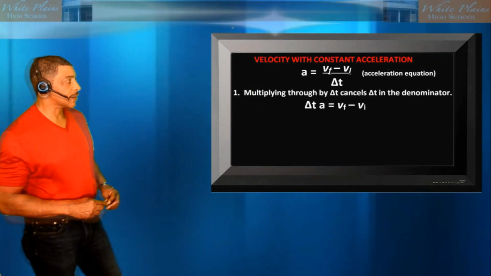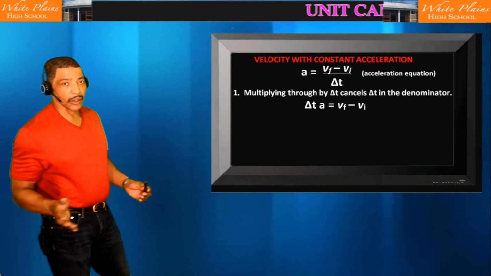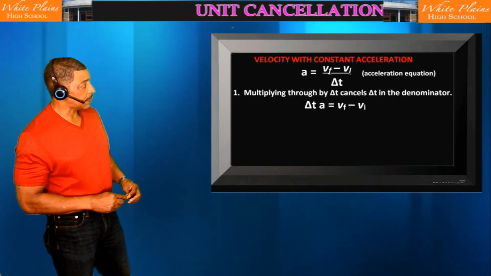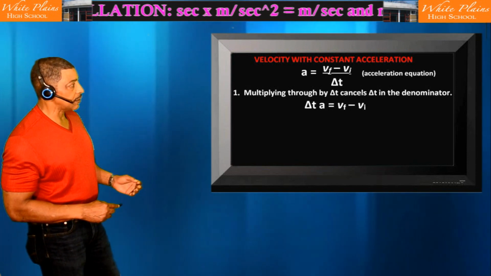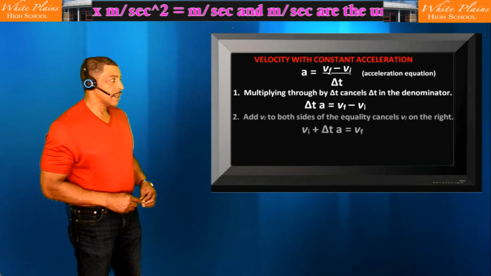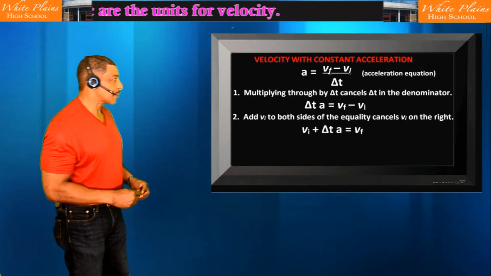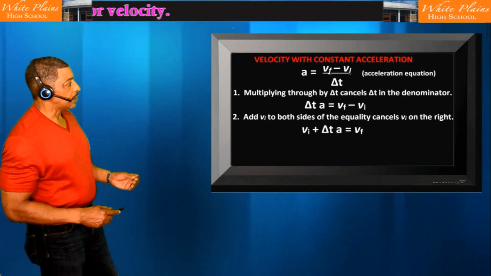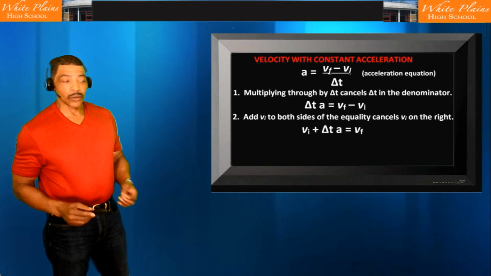Multiplying through by delta t cancels delta t in the denominator, generating the following equality. Acceleration times delta t is equal to v sub f minus v sub i, and adding v sub i to both sides of the equation cancels v sub i on the right side, generating our final equation.